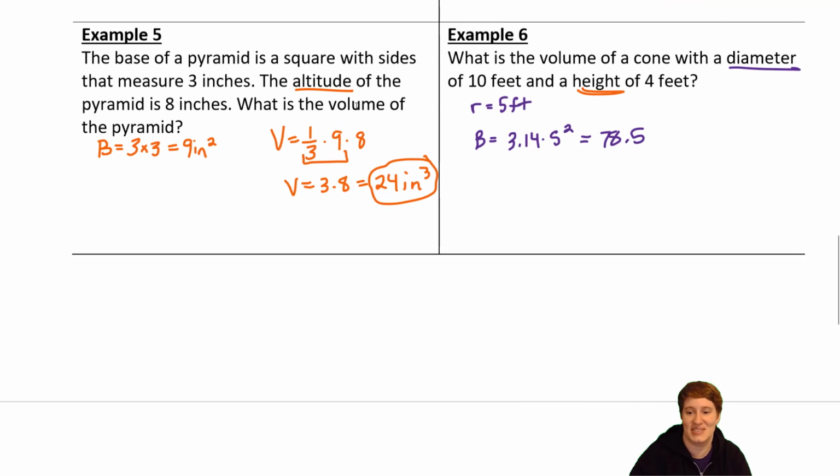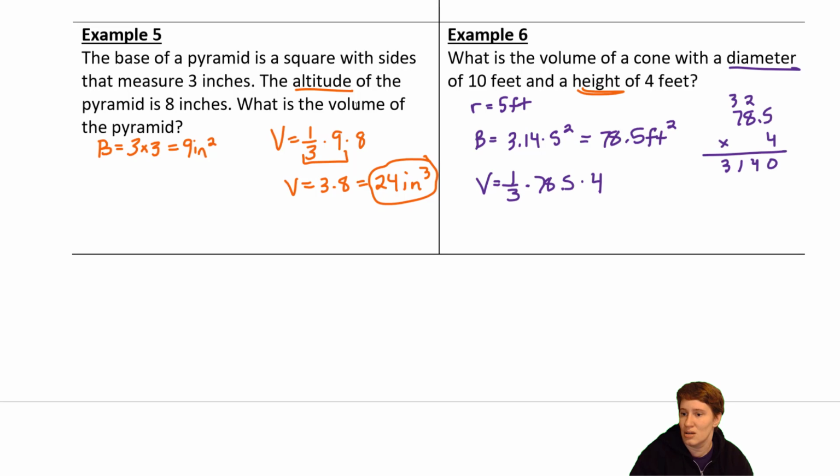So actually, we could be crafty here if we wanted to. So volume is 1/3 times 78.5 times 4. So I'm going to do 78.5 times 4, and then I'm going to divide by 3. So this is 20. 32 plus 2 is 34. 28 plus 3 is 31. 1 decimal place, so 314. We're going to divide that by 3.